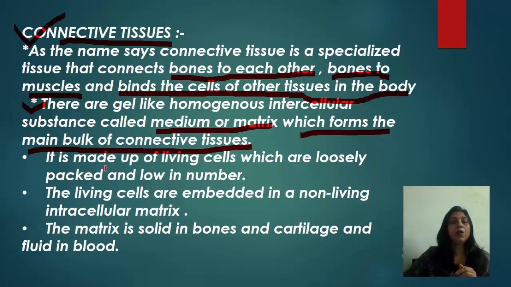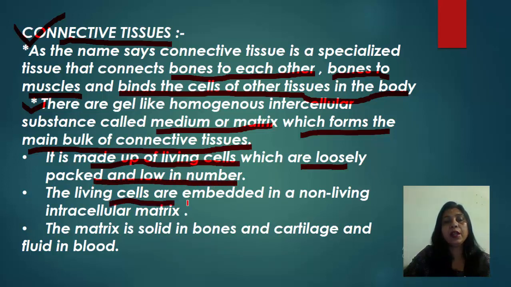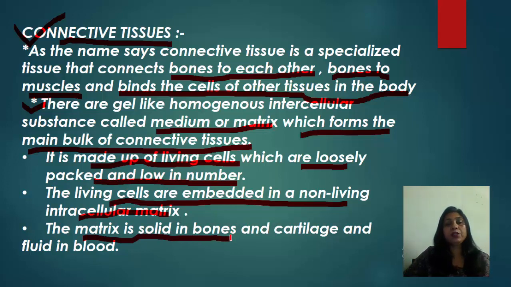Now, this tissue is made up of living cells which are loosely packed and low in number. The living cells are embedded in a non-living intercellular matrix, and the matrix is solid in bones and cartilage, but this matrix is fluid in blood.